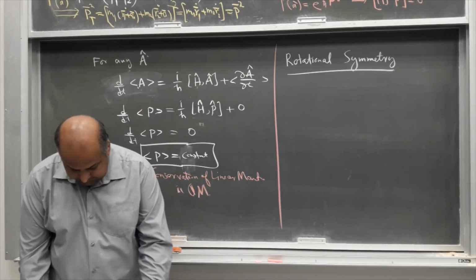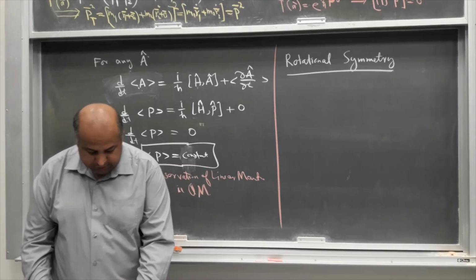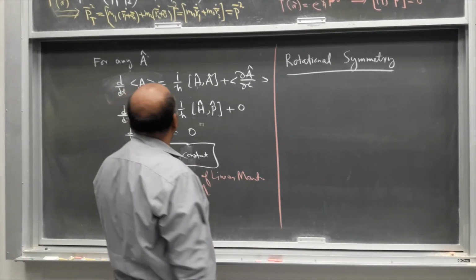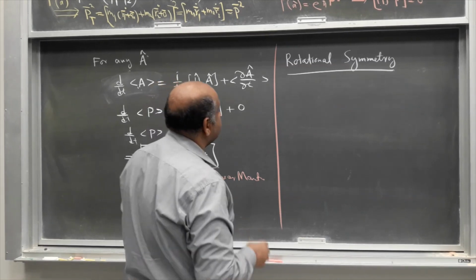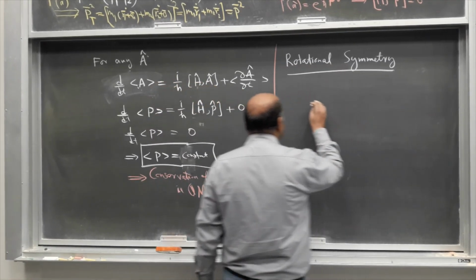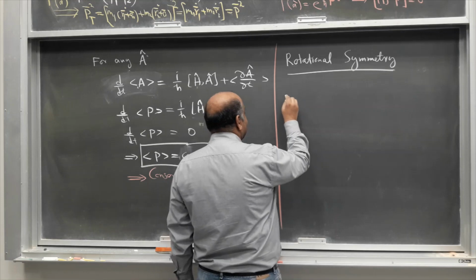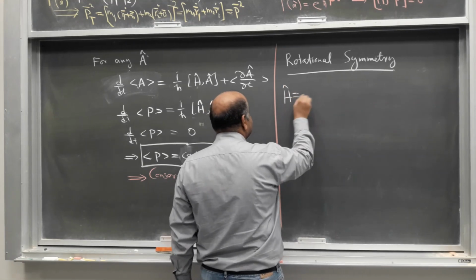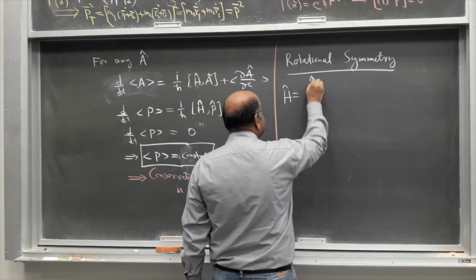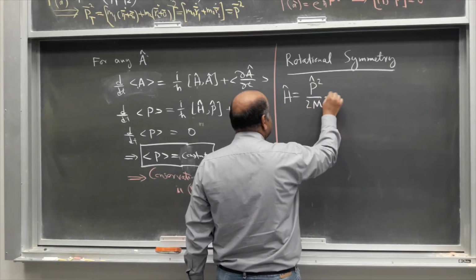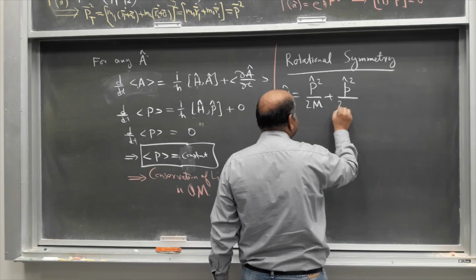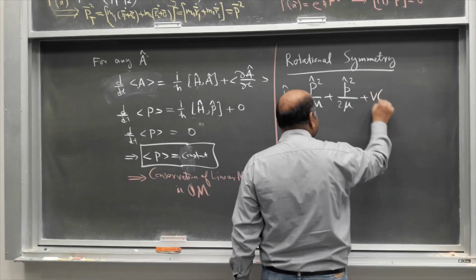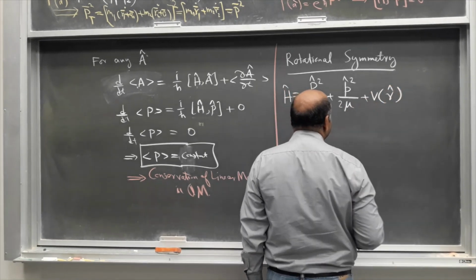As we see that our Hamiltonian only depends on the lengths of different vectors, and let me just write it again here. So our Hamiltonian has total momentum, has relative momentum, has potential, which is a function of the length only.